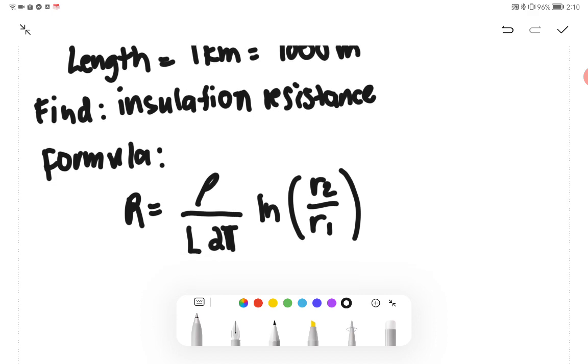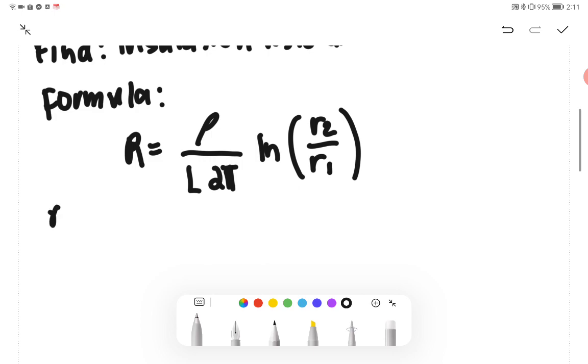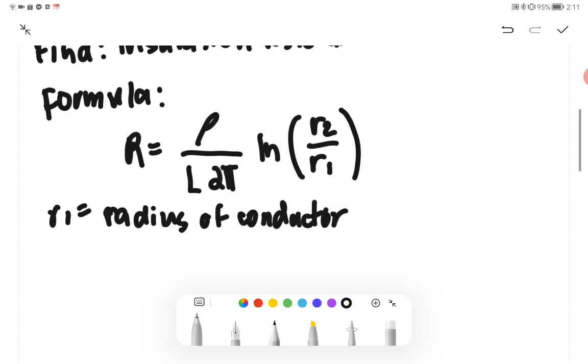Because R1 is simply the first radius, the radius of the conductor. So we represent R1 as the radius of conductor, and then our R2 is the radius of insulator.